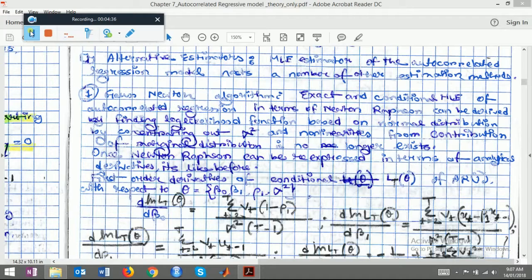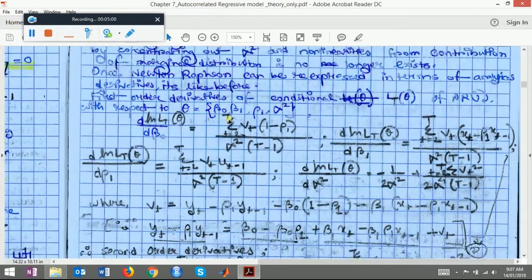So it starts from t equals 2 up until t, Vt xt minus rho 1 xt minus 1, because it's beta 1. Just remember that this was basically the denominator which went up, very simple.